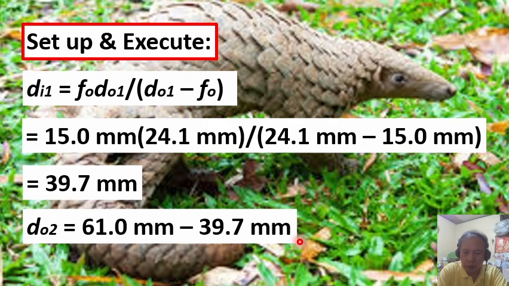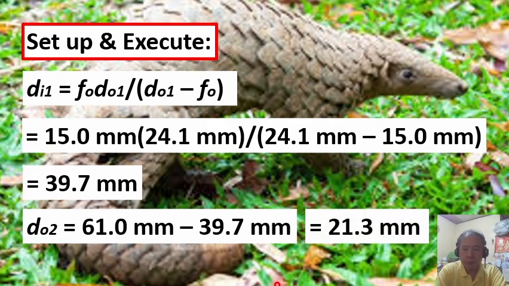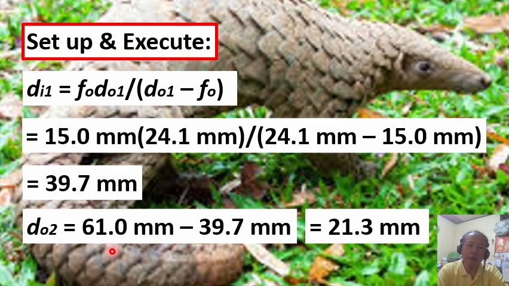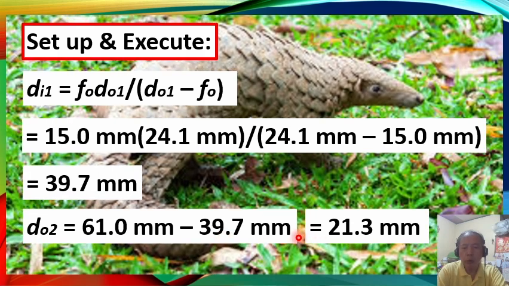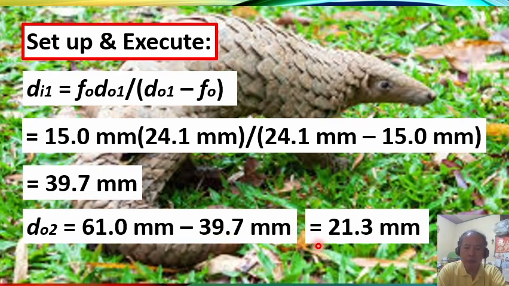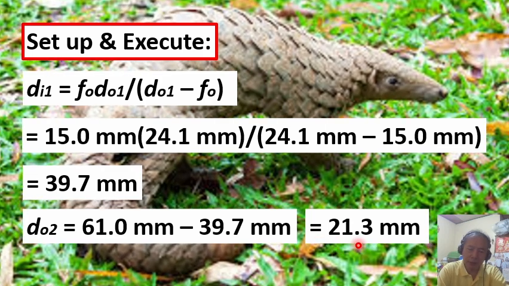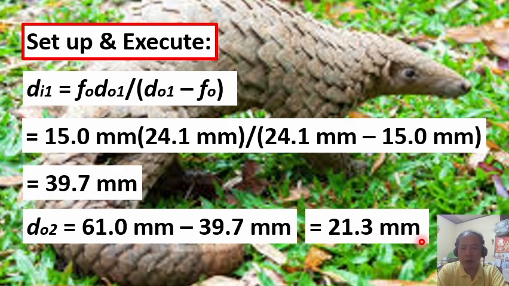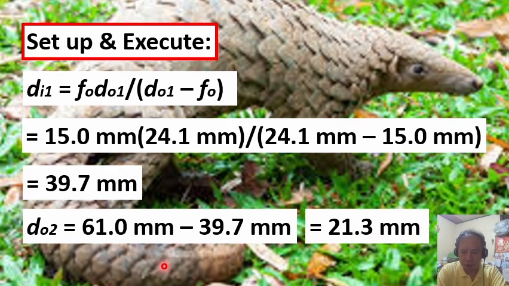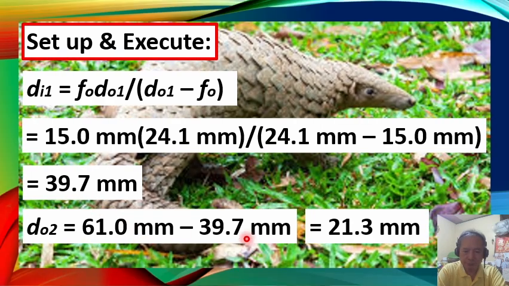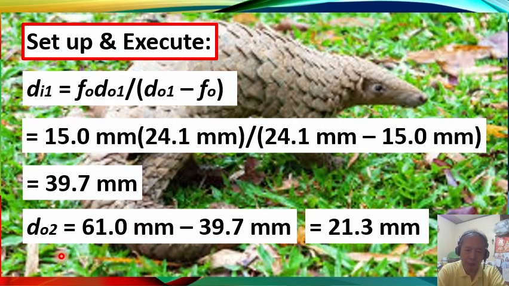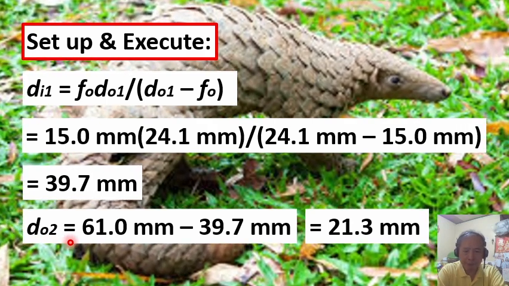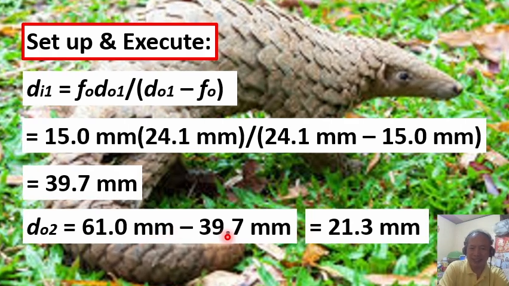So again, when we calculate, we get the value of d sub O2, or the distance of the second object relative to the eyepiece, equal to 21.3 millimeters, also rounded to 3 significant figures. This value of d sub O2, right, is relative to the eyepiece.